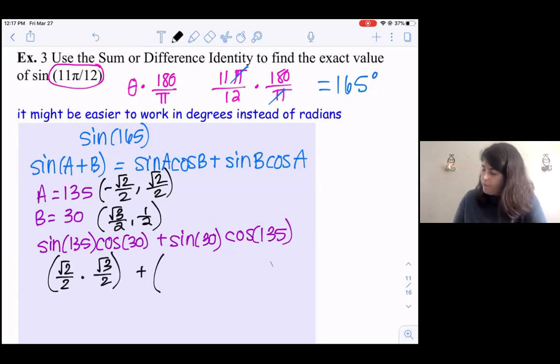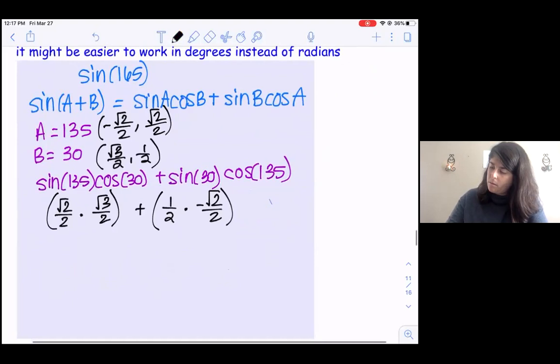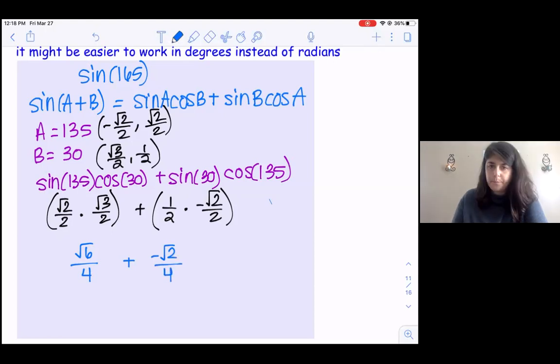Sine of 30 is the y coordinate, so 1/2, and cosine of 135 is the x coordinate. So I multiply, I get radical 6 over 4 plus negative radical 2 over 4. When I simplify, it's radical 6 minus radical 2 over 4.